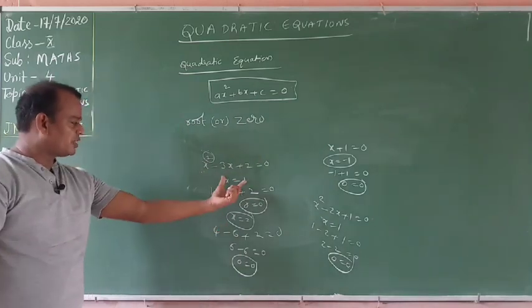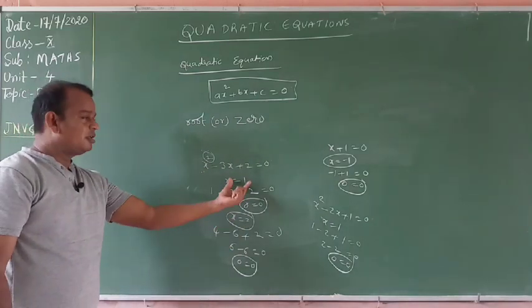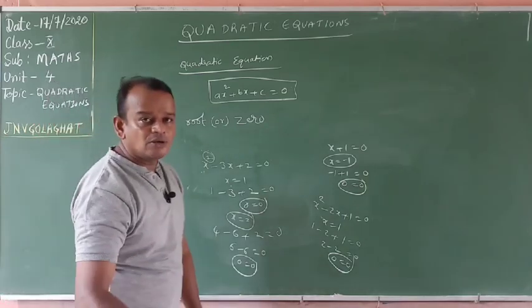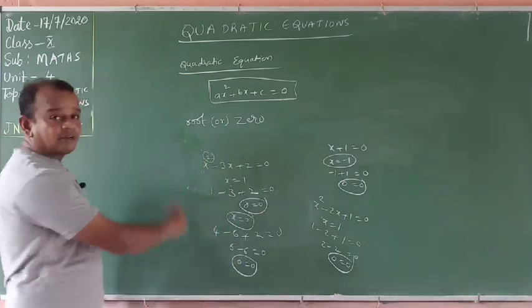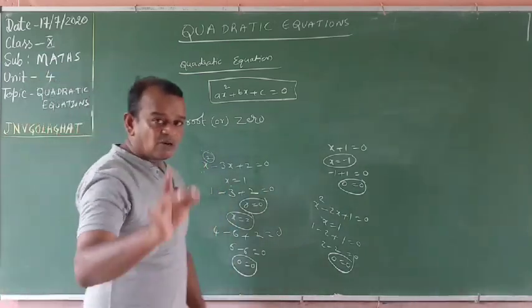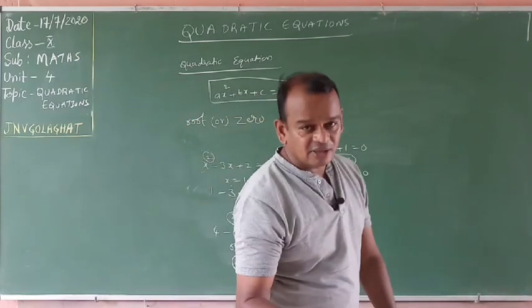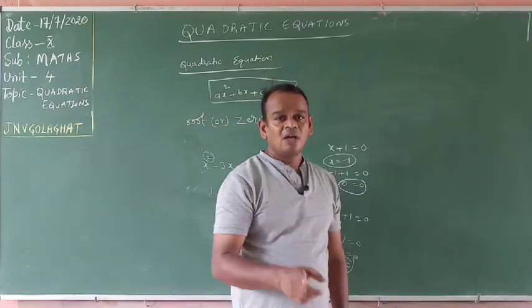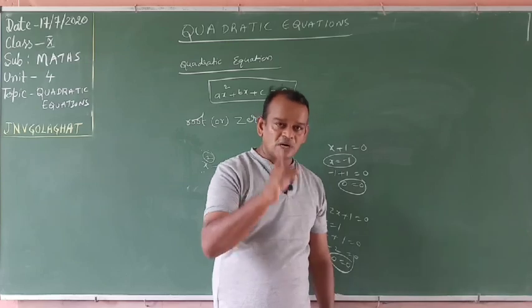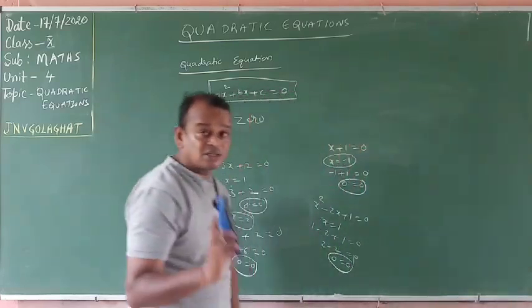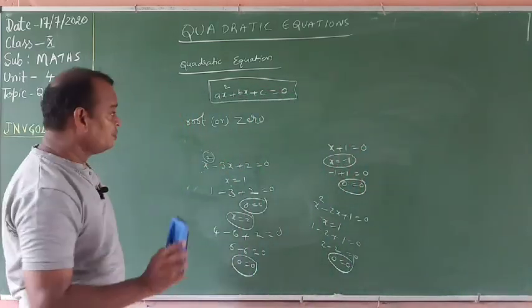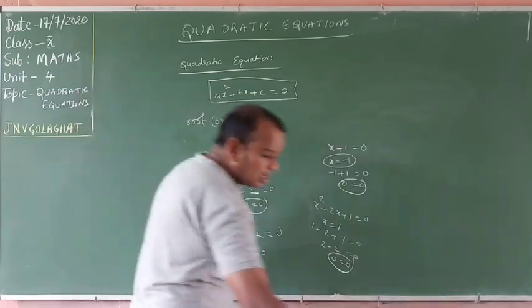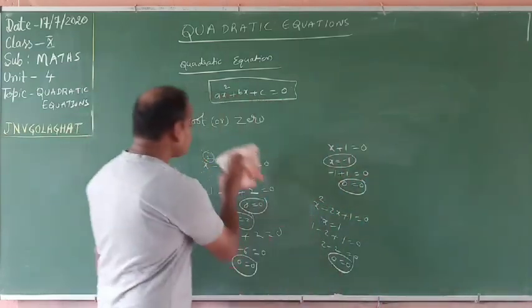How many values satisfied? x is equal to 1, x is equal to 2. Other than these 2 values, no value satisfies this equation. That is why, remember once again, the quadratic equation has at most 2 roots or zeros.